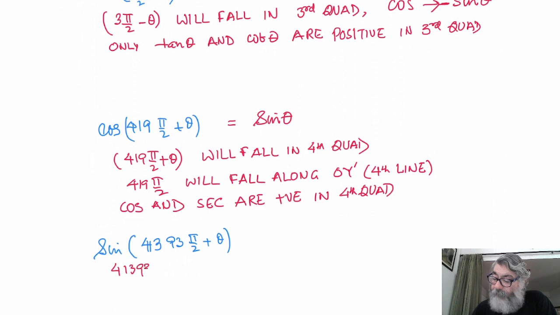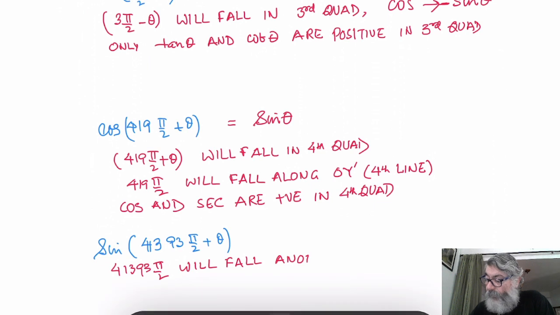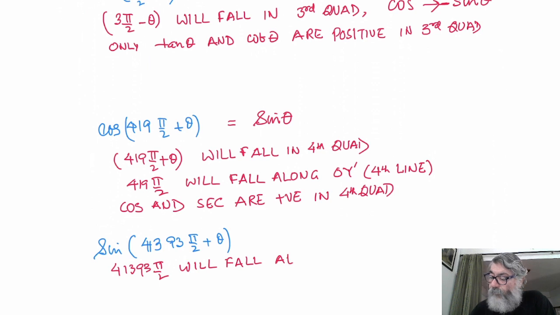That means 41393 pi by 2 will fall along OY, the second line in the figure which I made in the beginning.